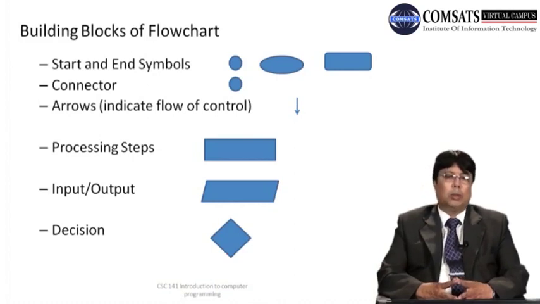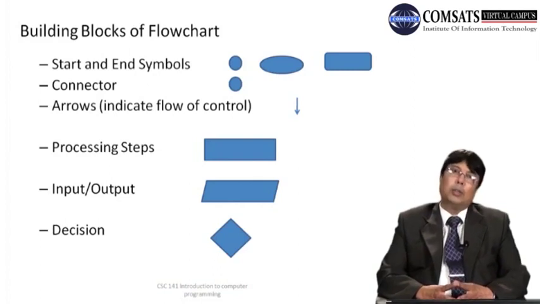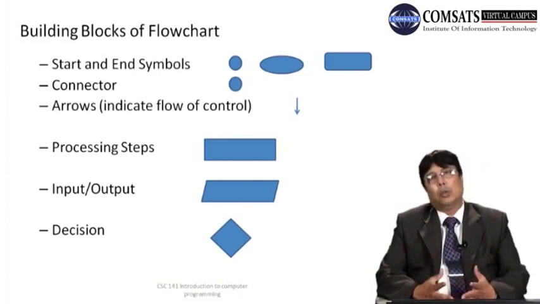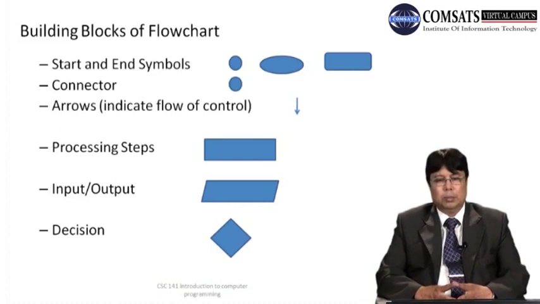So, building blocks of a flowchart. You need to start a flowchart. Obviously, to start an algorithm, you need to start a flowchart with a symbol. There are three options used by different people.